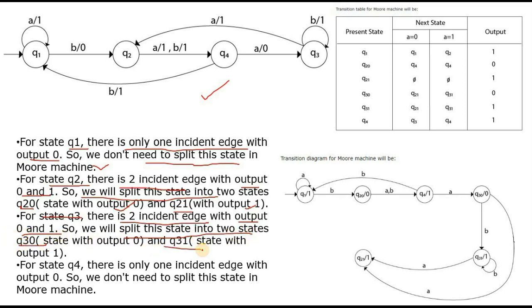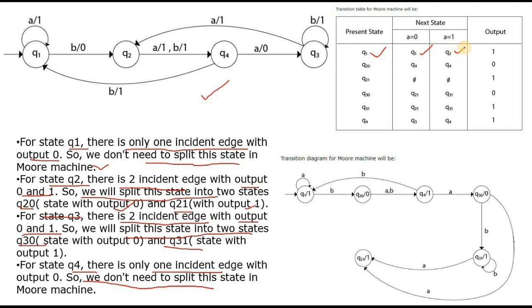For state Q4, there is only one incident edge with output 0, so we need not split this state in the Moore machine. Now you come to Q1. So Q1 with A equal to 0, Q1 with A equal to 1.